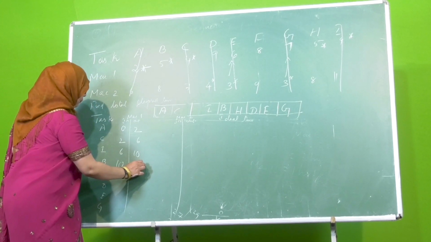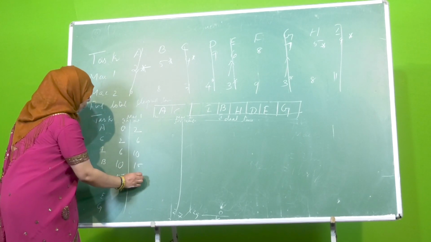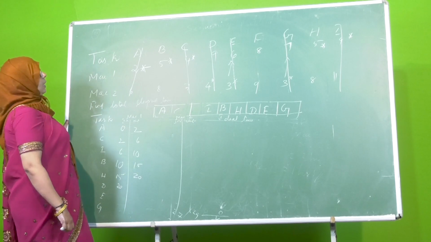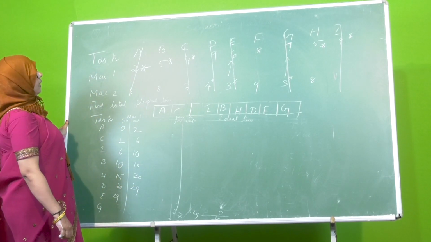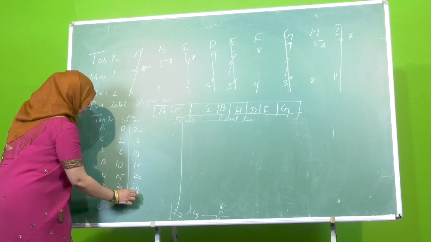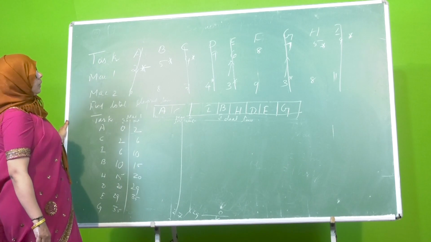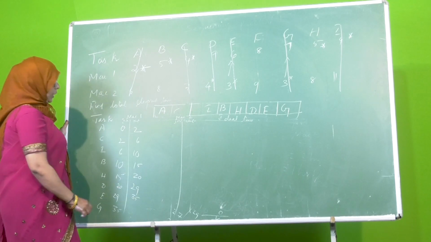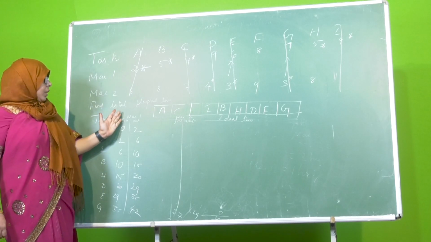So 15. So 15, H, 20. 20, D, 29. 29, E, 35. G, 35, 42.